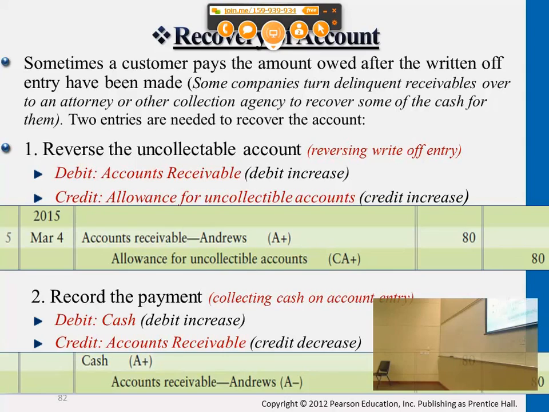So altogether today, really there are three main entries. One is doing an estimation up front before any customers are deemed as bad debt clients. Second, when you realize some of the past due accounts you're not able to successfully collect, we'll be using this allowance for uncollectible accounts and then reducing the specific clients.